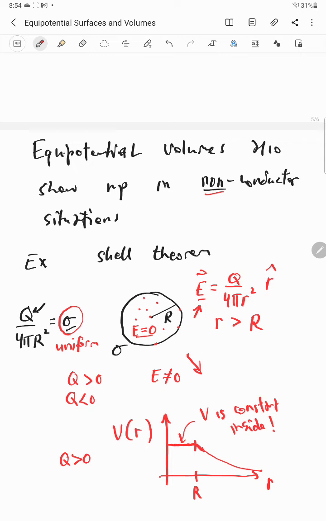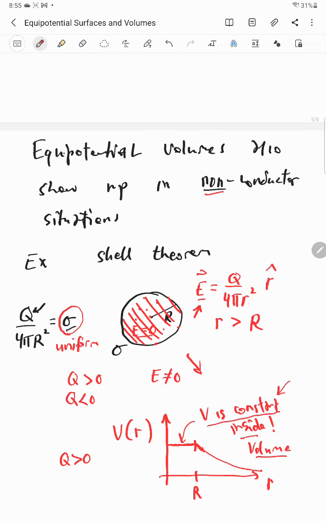So that means that everywhere inside, right? Inside is a volume, and V is constant through that volume. So this is an equipotential volume, right? So everywhere within this sphere, it's all the same value of the potential.